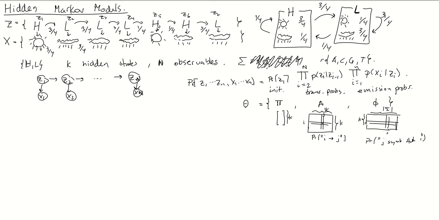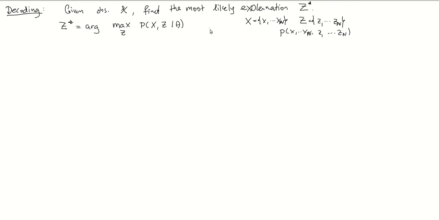This gives me 2, 4, 8, 16, 32, 64, 128 possibilities, 2 to the 7th. In the general case, each hidden state can be in K states, so this gives me K to the N possibilities. If I computed this blindly, this would be the time it would take.